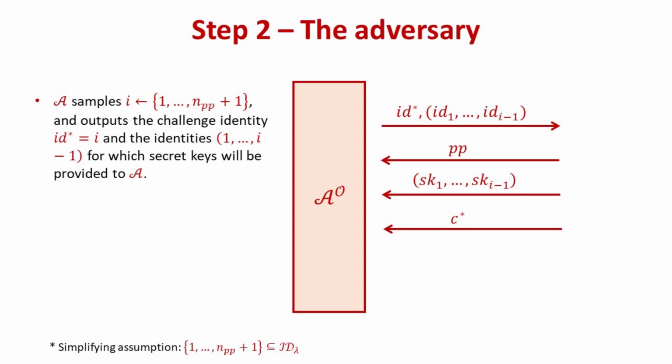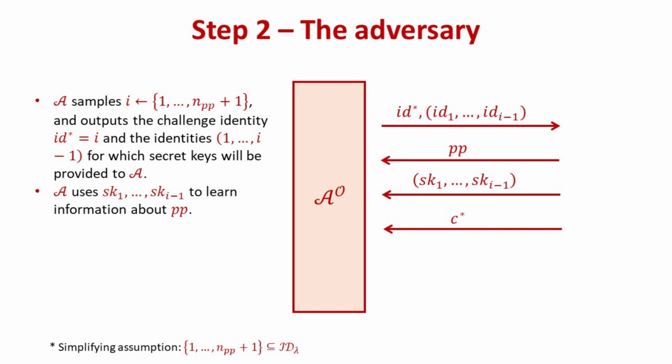At this point, our attacker receives the public parameters, the identity secret keys corresponding to the identities 1 to I minus 1, and a challenge ciphertext, which is an encryption of a randomly chosen bit B for the challenge identity I. Now comes the interesting part. First, A uses the I minus 1 secret keys in order to learn information about the public parameters.